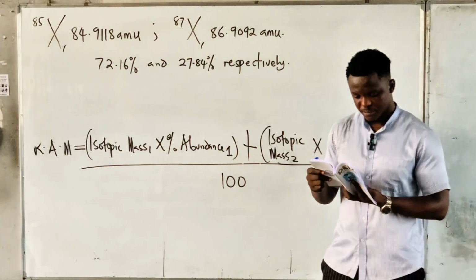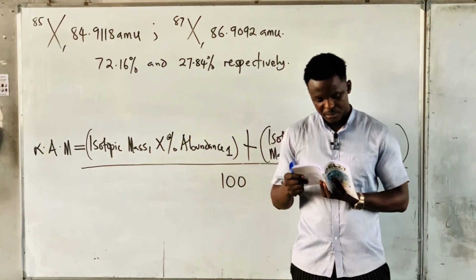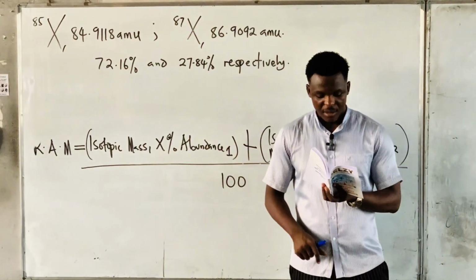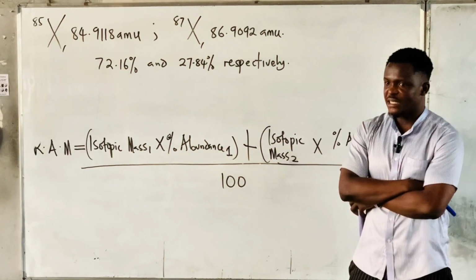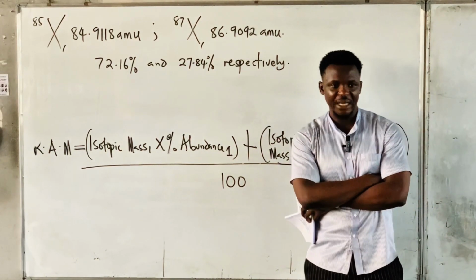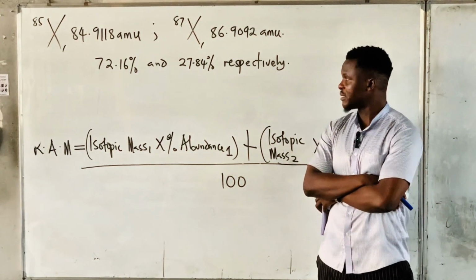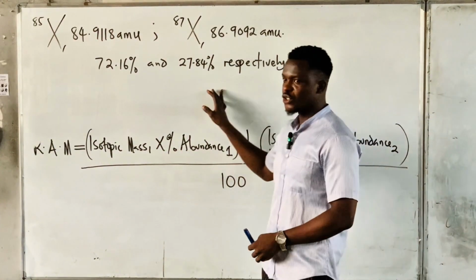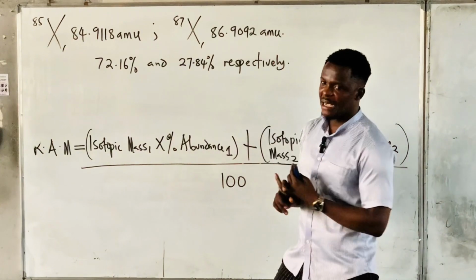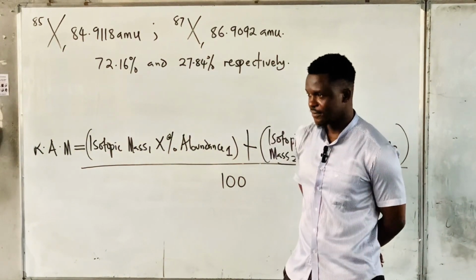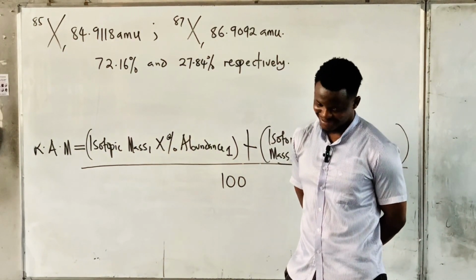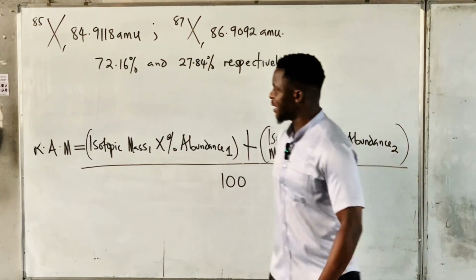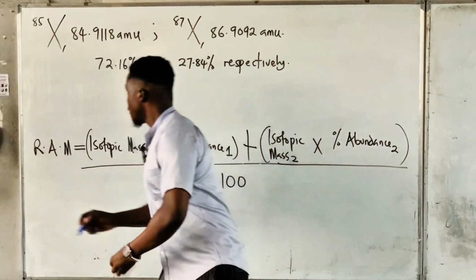Calculate the relative atomic mass of element X if their percentage relative abundance is 72.16% and 27.84% respectively. I said in this type of calculation, they'll always give us the isotopic mass and the percentage abundance. So in this case, this is the question.